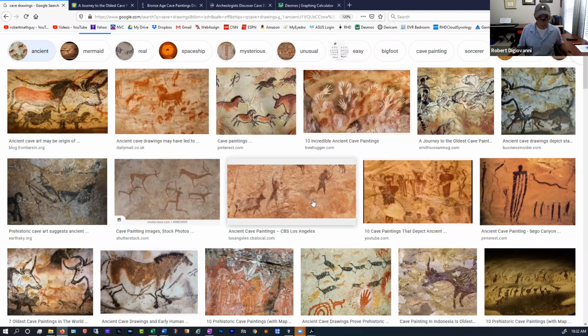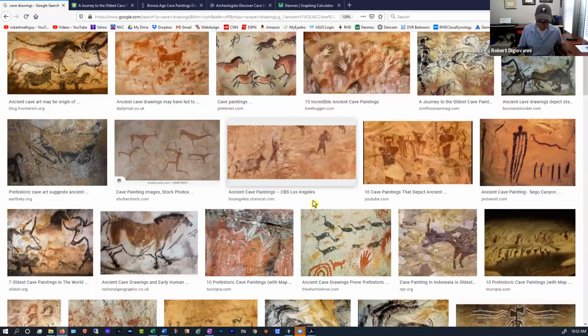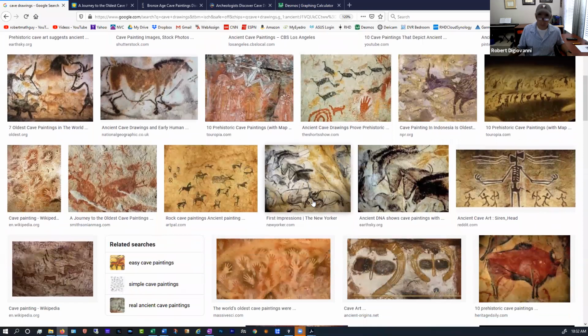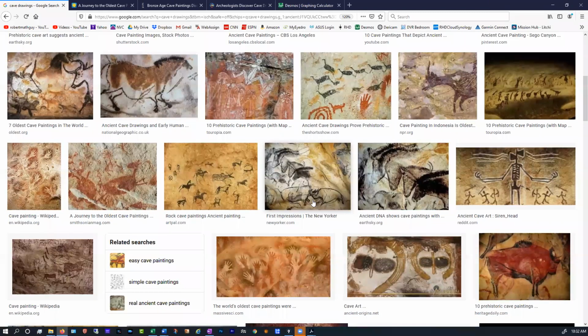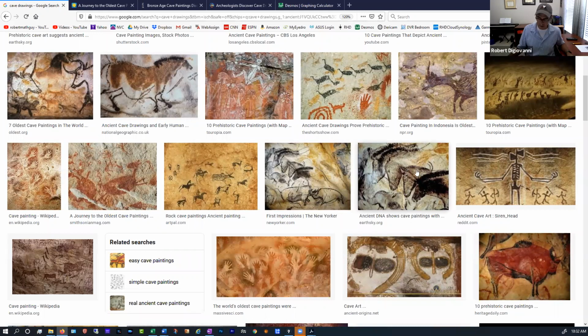What do you think? Stickman drawings. Yeah, some of them are decent. This one's not too bad. This one's kind of creepy. I don't know what that's all about.